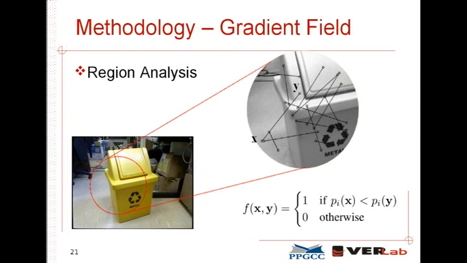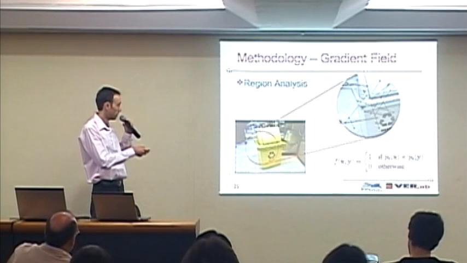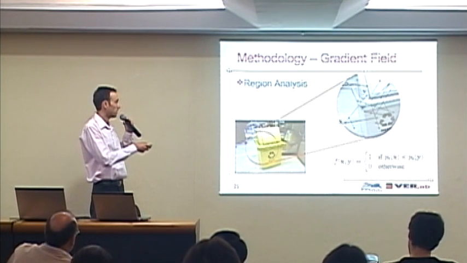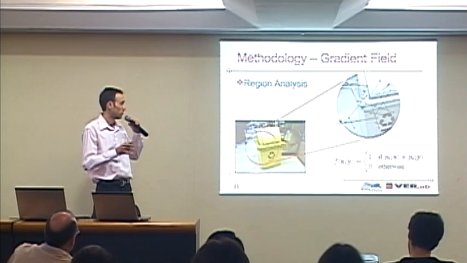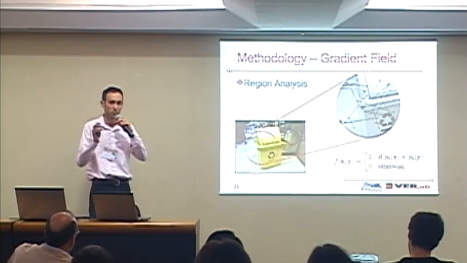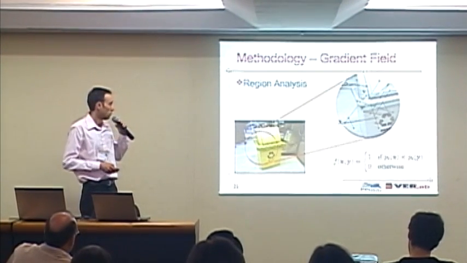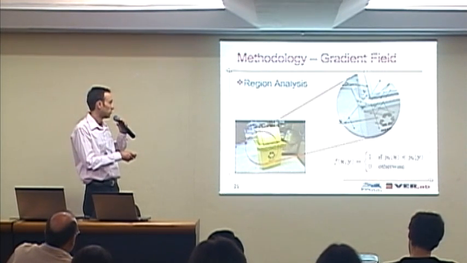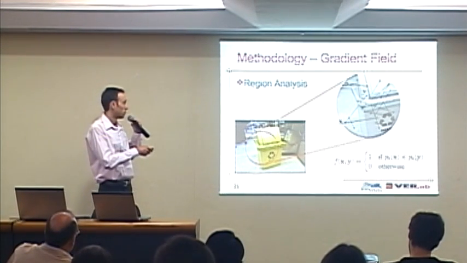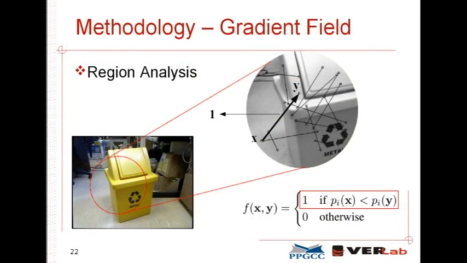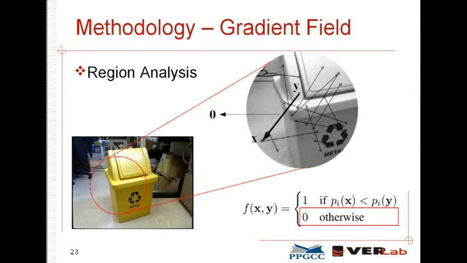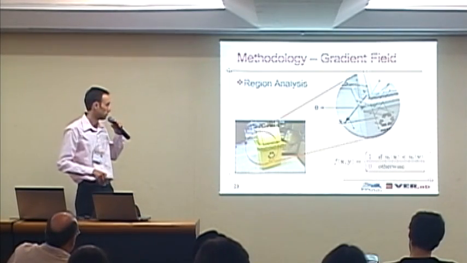For example, here we have a pair composed of pixel X and pixel Y. We check the intensity of the pixels that compose the pair. If the intensity of pixel X is lower than the intensity of pixel Y, we use a bit of value 1 to represent this gradient direction. Otherwise, we use a bit of value 0 to represent a different gradient direction.